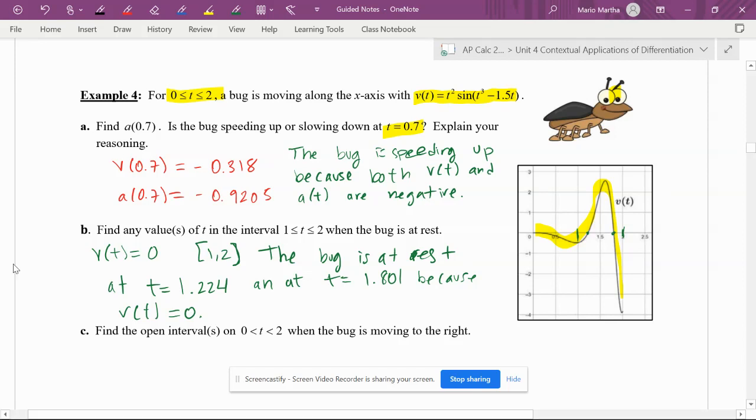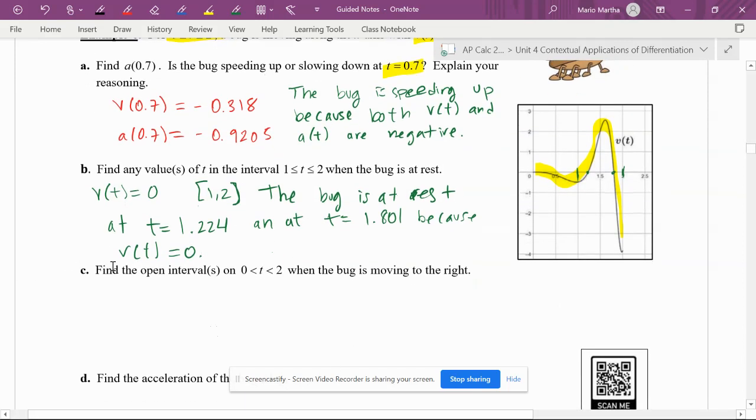All right. And then the next one says find the open intervals between 0 and 2 when the bug is moving to the right. So the bug is moving to the right when velocity is positive, right? So here, if you notice, we can see that velocity is positive when it crosses the first rest point, right?